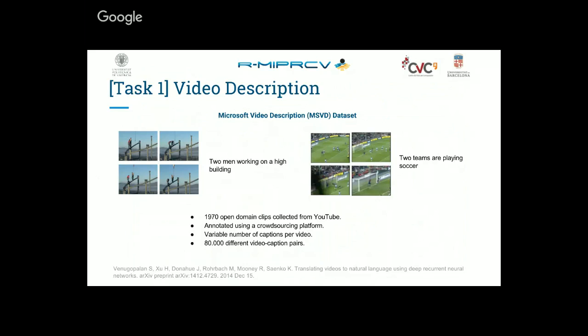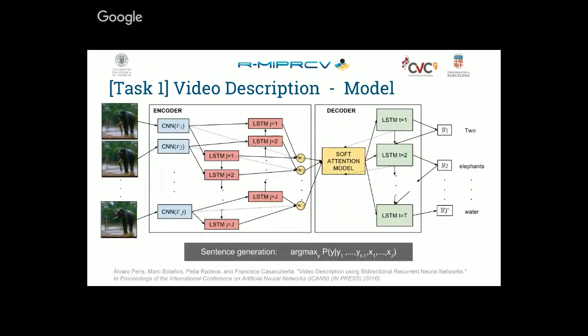Each of these videos has several associated descriptions, and in total there are more or less 80,000 pairs of video and captions. For this problem, we recently got a paper accepted at the International Conference on Artificial Neural Networks, and this is the general model that we proposed in this paper.